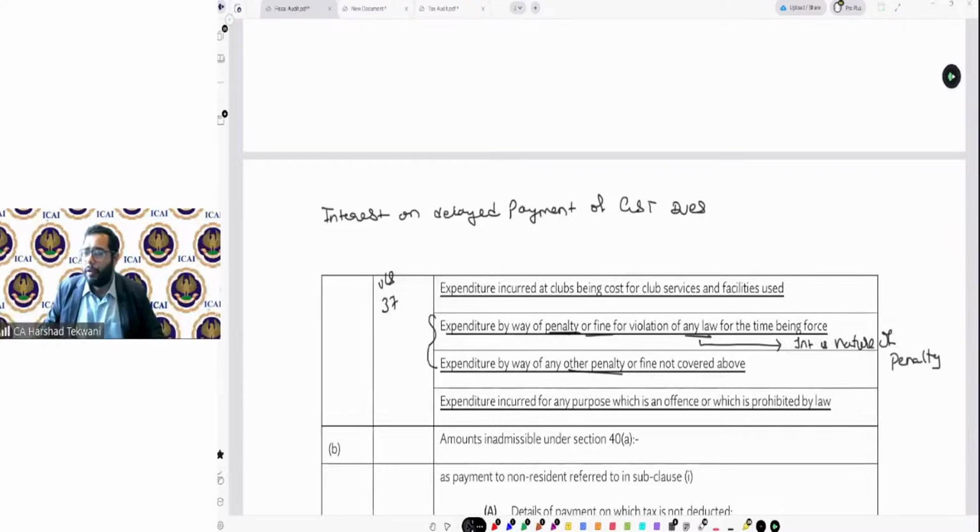Okay. And there are certain things which are already specified under section 37.